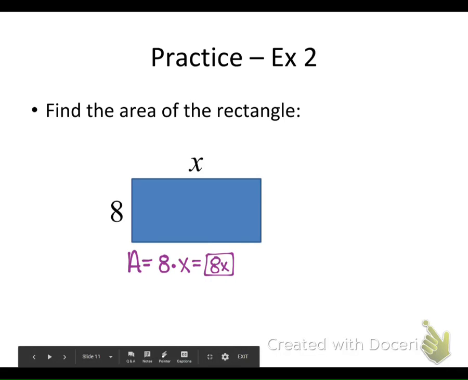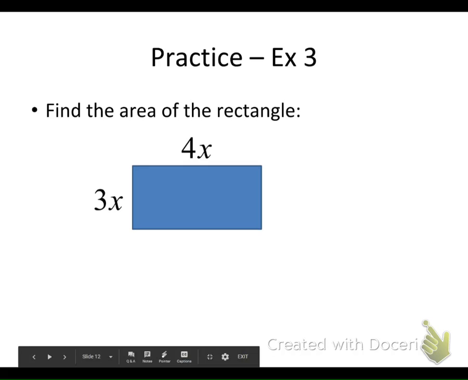All right, let's look at practice example number 3. So again, I'm going to write A for area equals, okay, what's my height? 3x.